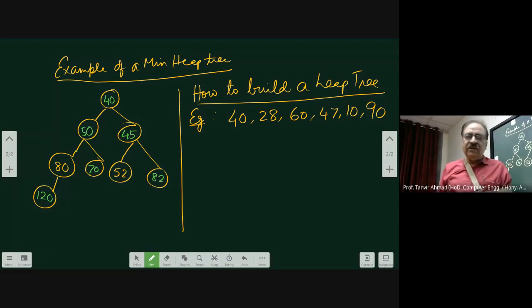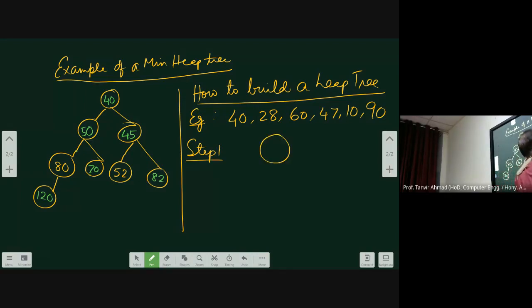Now, this will be totally the same, except that at one point of time there will be a difference between a max and a min heap tree. Now, if I am going to take this, what you have to do is start with the first thing. At step number 1, you are going to put a node 40.